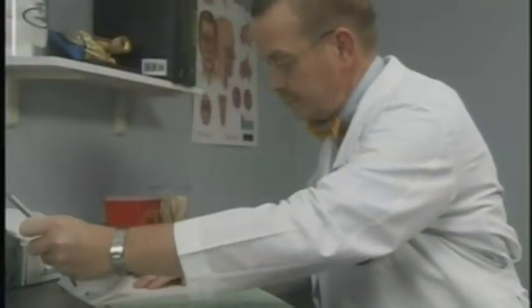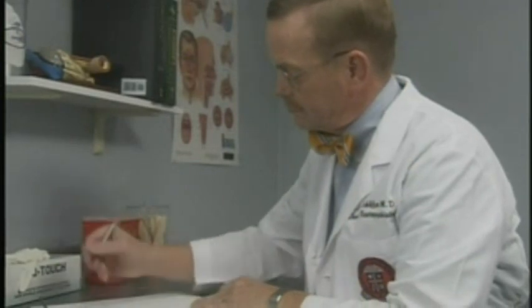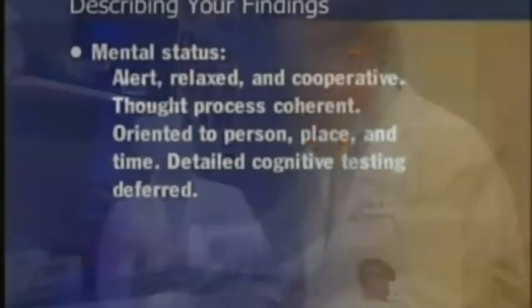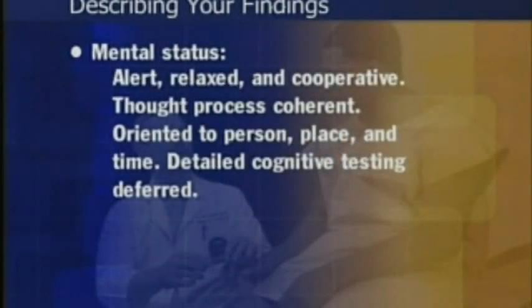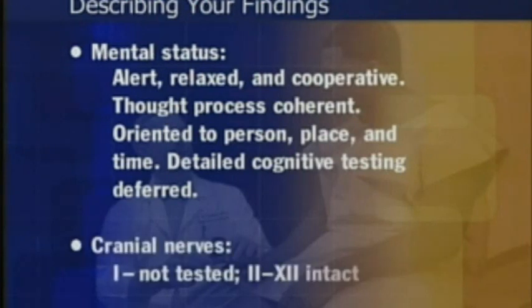A clear, well-organized clinical record, employing language that is neutral, professional, and succinct, is one of the most important adjuncts to patient care. For a healthy patient, your write-up might include language such as: mental status, alert, relaxed, and cooperative; thought process coherent, oriented to person, place, and time; detailed cognitive testing deferred; cranial nerves, 1 not tested, 2 through 12 intact.